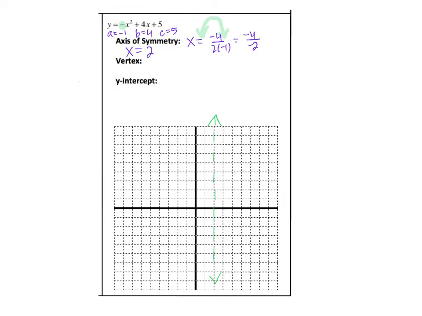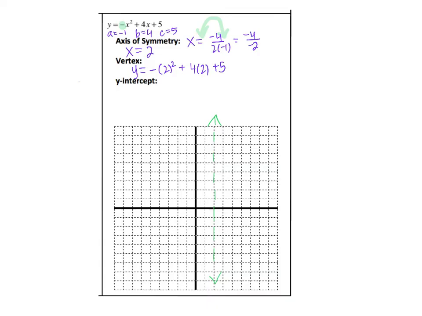All right. My vertex, I'm going to plug x equals 2 into my equation. So I have y equals the opposite of 2 squared. Notice how the negative is on the outside of those parentheses. Plus 4 times 2 plus 5.